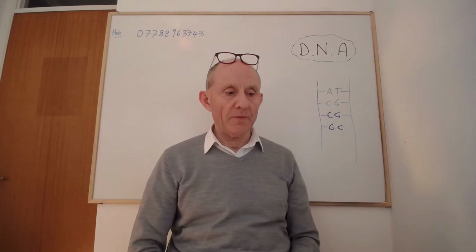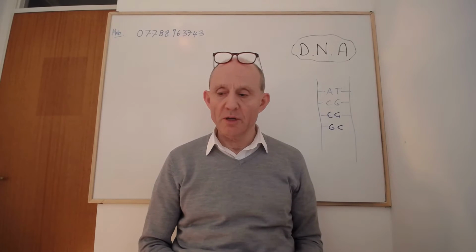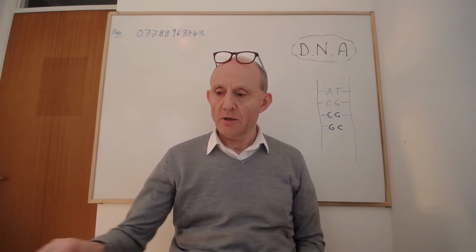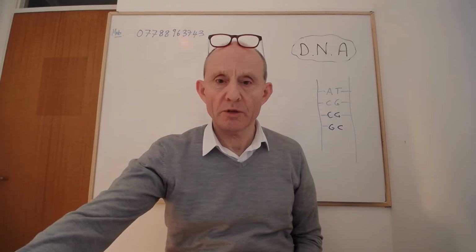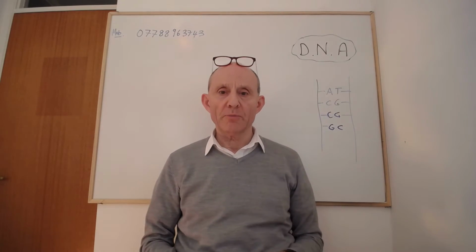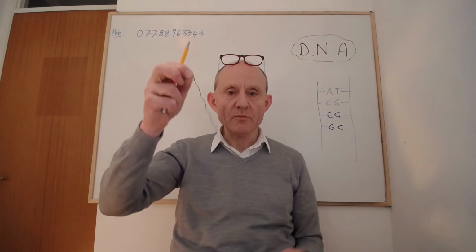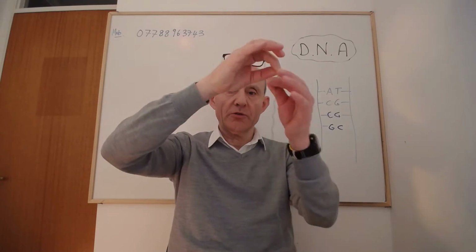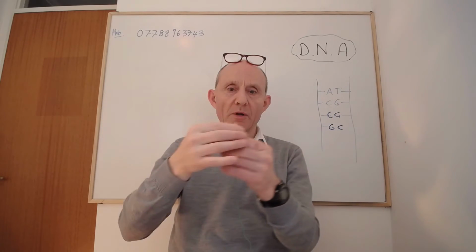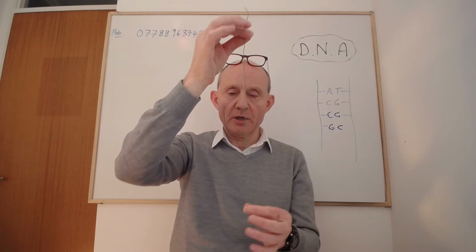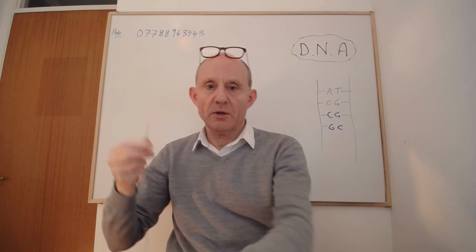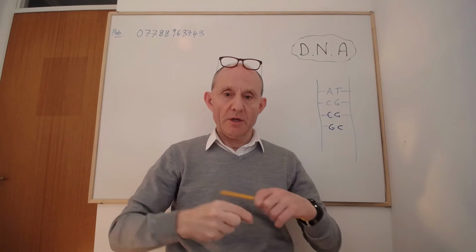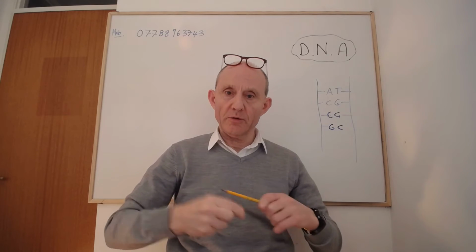Okay, so another term relating to DNA you might come across is the idea of what is a gene? What is a gene? And you would associate genes with DNA. Well, in simple terms, if, for example, we consider this here is the DNA molecule. Now, this is only single-stranded, but if you can imagine that it's a double-stranded DNA molecule, the DNA is often stored on things called chromosomes.